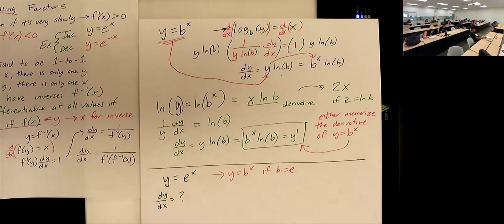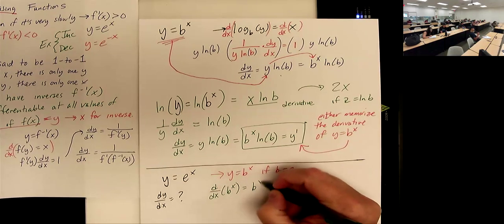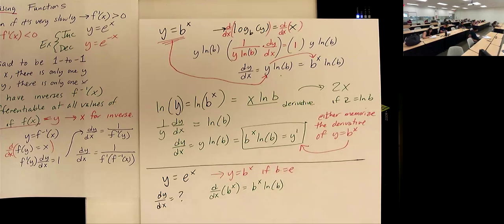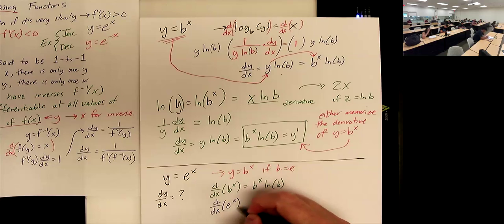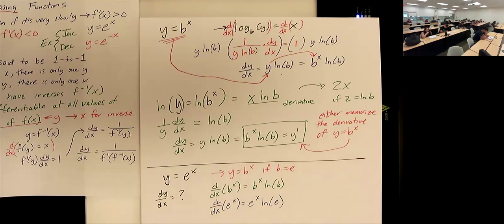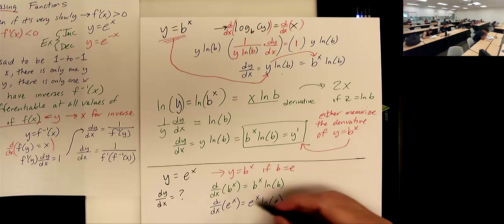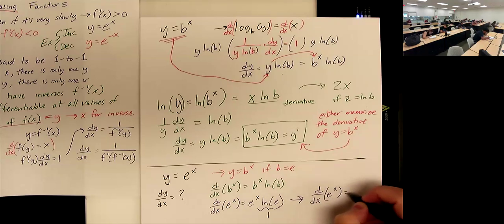We saw that the derivative of b to the x was b to the x ln of b. So we'll just change b to e here: the derivative of e to the x equals e to the x natural log of e. And what's the natural log of e? That's 1.